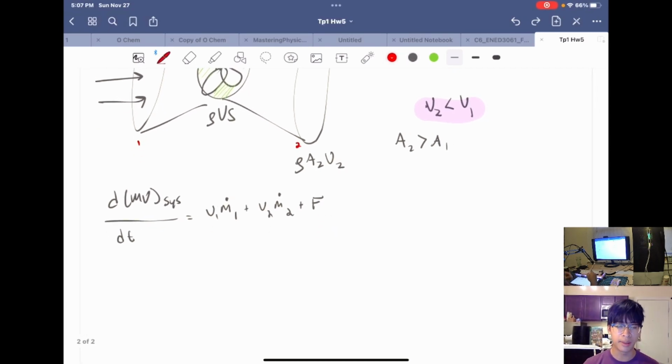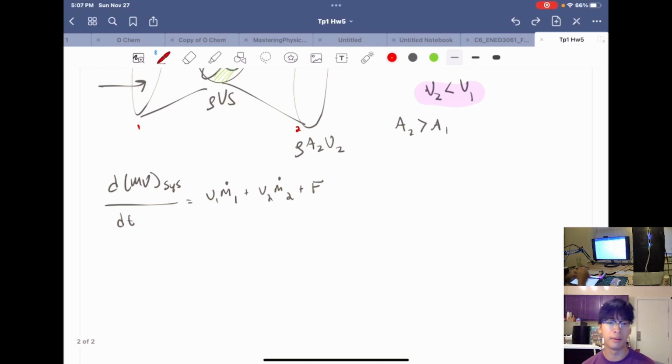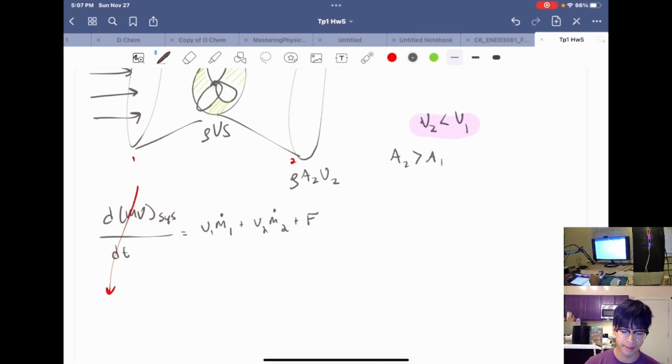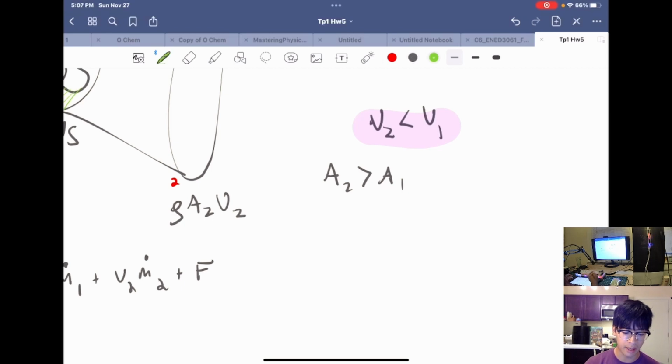One thing that we are assuming is that we are at steady state. Okay? In steady state, as we've always done this semester, is that when all derivatives with respect to time go to 0. Okay? So that goes to 0. Another thing about steady state is that, well, steady state would imply that we should not have any mass accumulation or consumption.